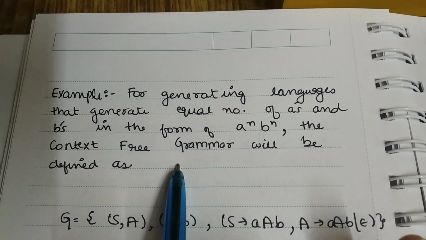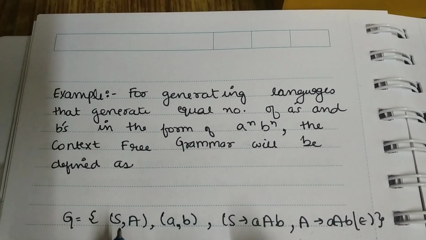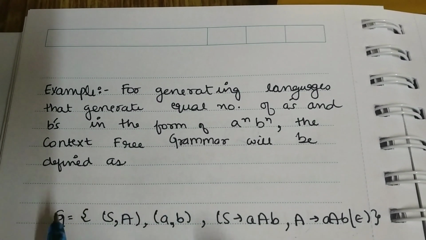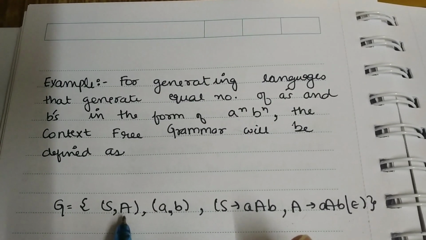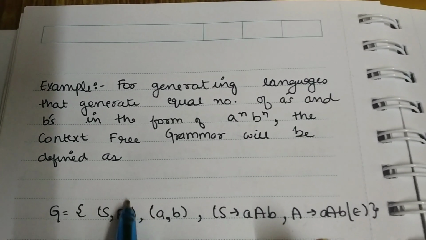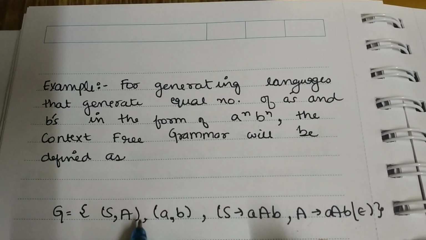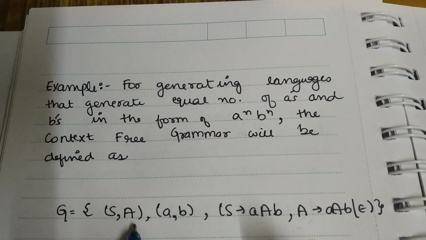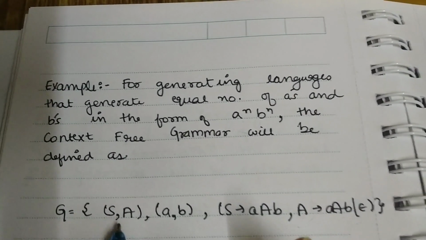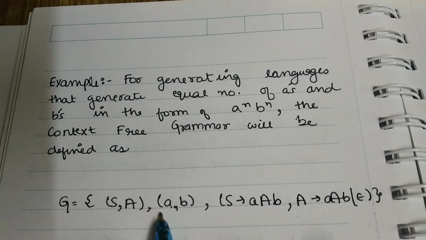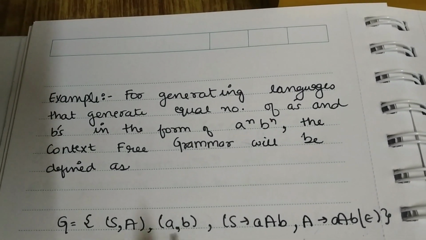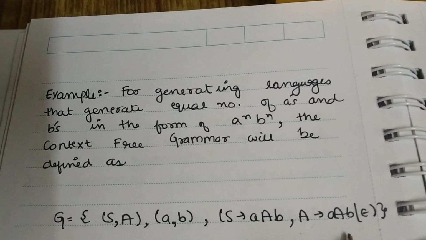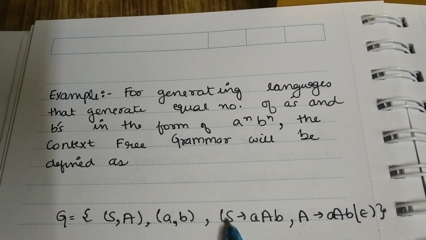So the context-free grammar defined for such languages is G equals to S, A, where S, A is the set of non-terminal symbols as they are represented by capital letters. A, B is the set of terminal symbols as they are represented by small letters, and these are the production rules, where S is the start symbol.